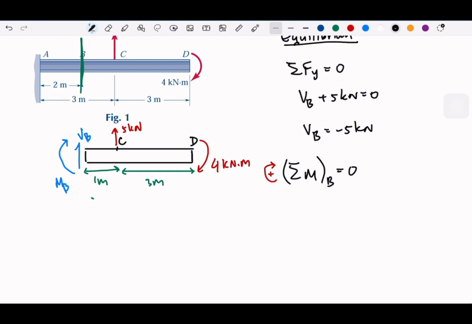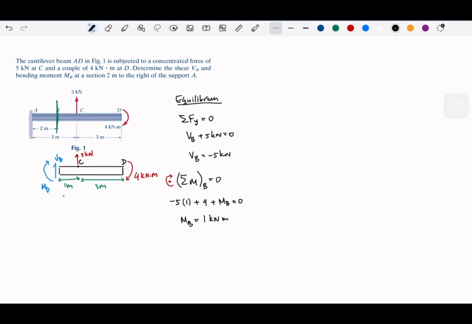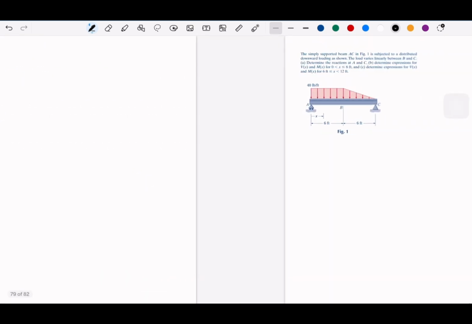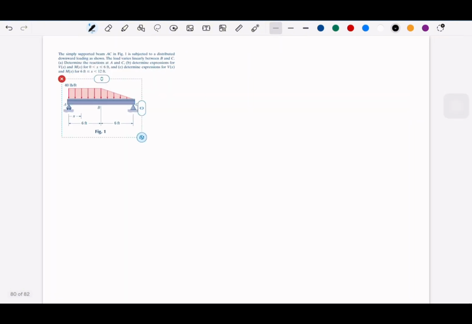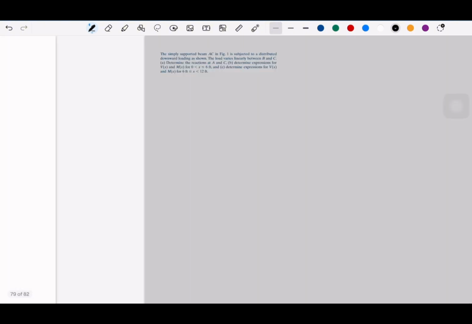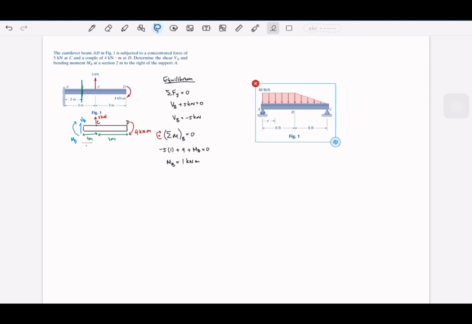So we have negative 5 multiplied by 1, plus 4, and then plus, don't forget, the M at B. Okay, so MB will be 1 kilonewton meter. Okay, I think that is very, very clear, right? Very short, very clear. Maybe I will copy this to this part here.